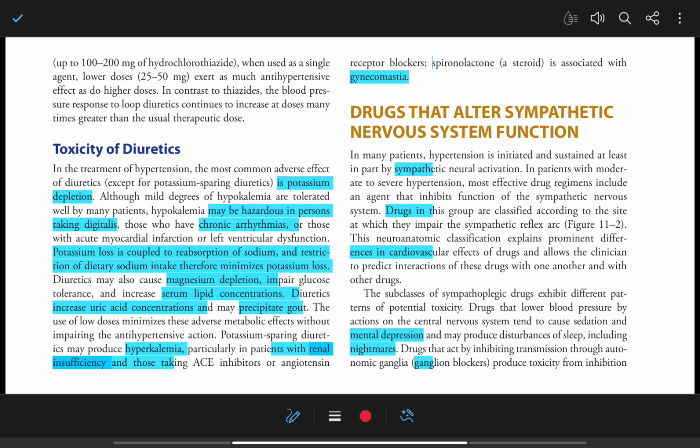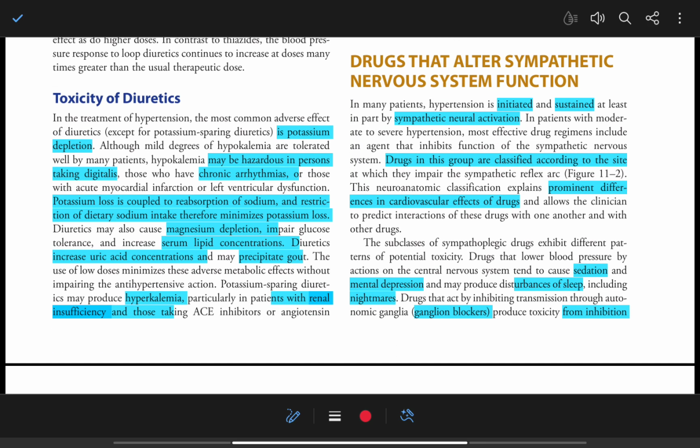Then lastly, we'll talk about the toxicity of diuretics. The main toxicity, like I explained before, is potassium depletion. That is the main toxicity of what? Diuretics. So this particular potassium depletion, which is hypokalemia, may be hazardous in what?